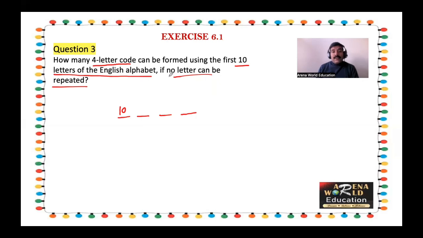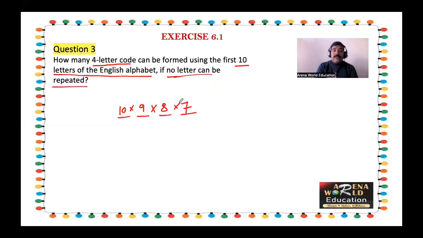But now repetition is not allowed. So next will be done by 9 ways. So then 8 ways, then 7 ways, right? So after every arrangement, your total is decreasing when repetition is not allowed. But in case of repetition is allowed, it will be filled by same number of ways, right?